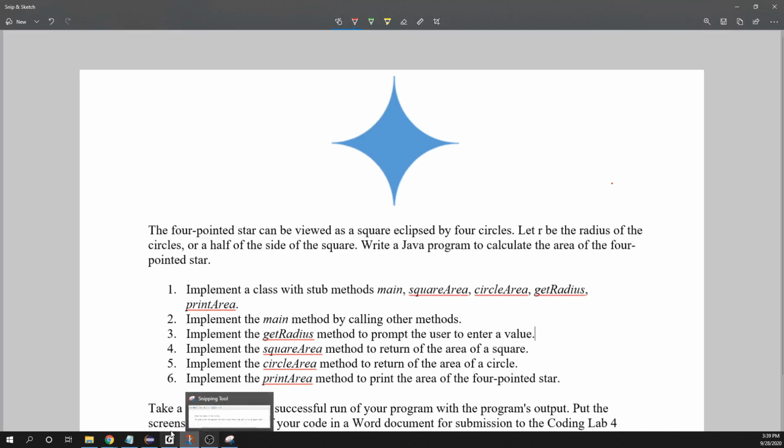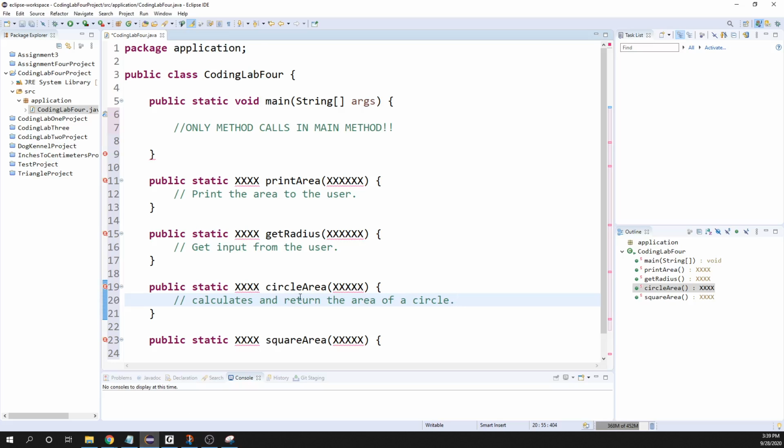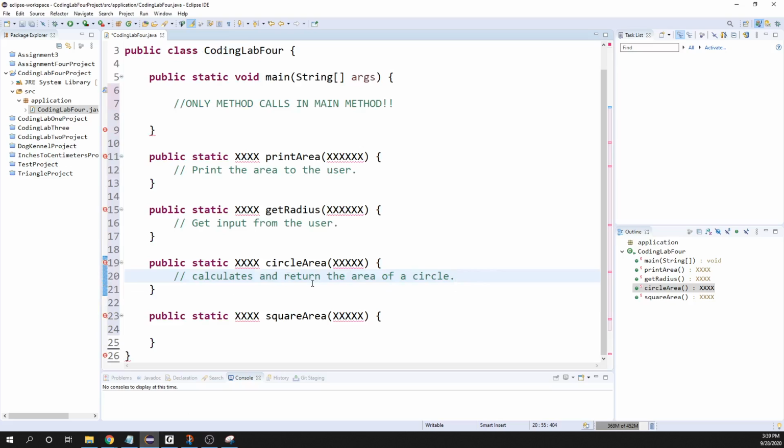So that one is a very, very simple method. You just use the formula for the area of a circle. And then here, this calculates and returns the area of a square, and that's it. Again, these two are extremely simple.